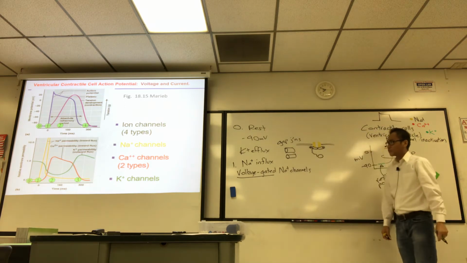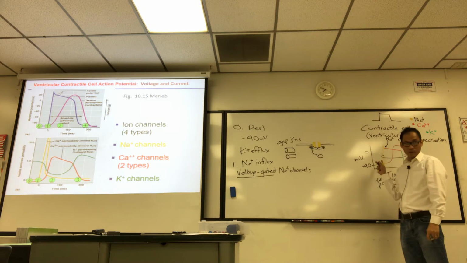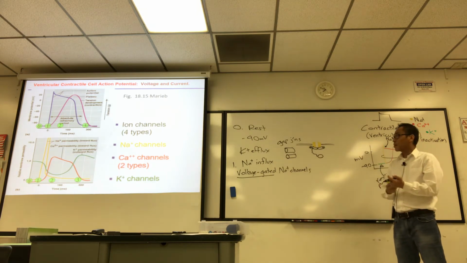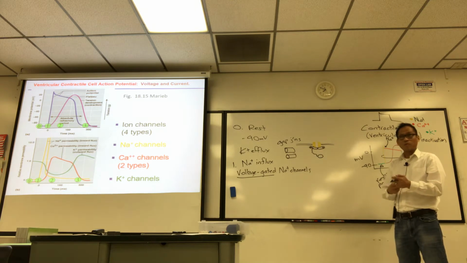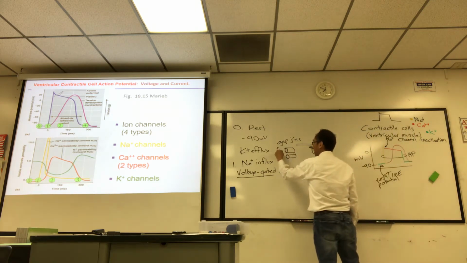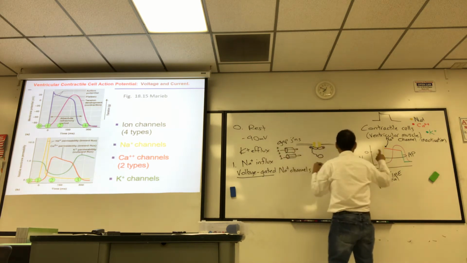This is how the signal spreads through the intercalated discs. You go straight from rest to depolarization. Because when positive charge gets into the muscle cell, from like the SA node spreading it everywhere, the positive charges go right through and they depolarize the cell.